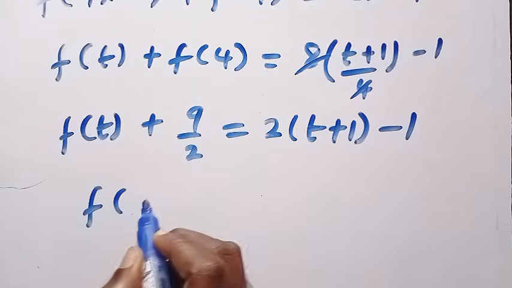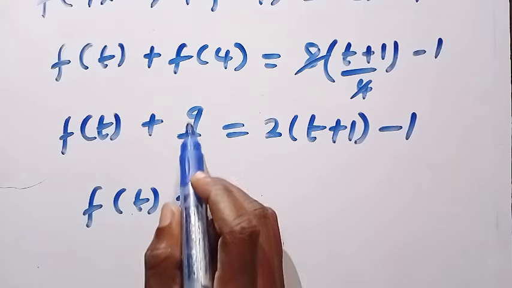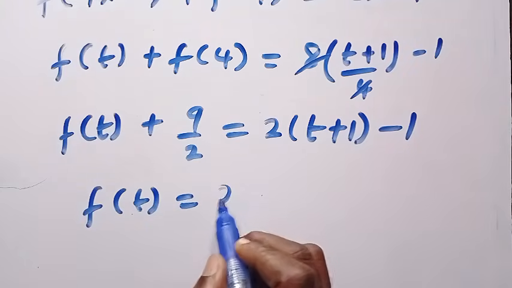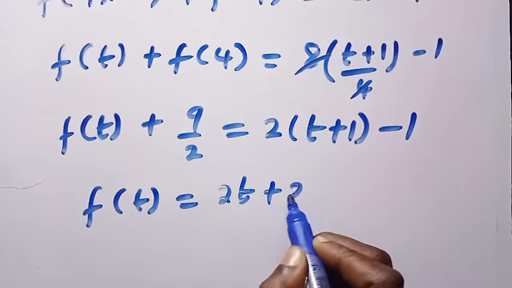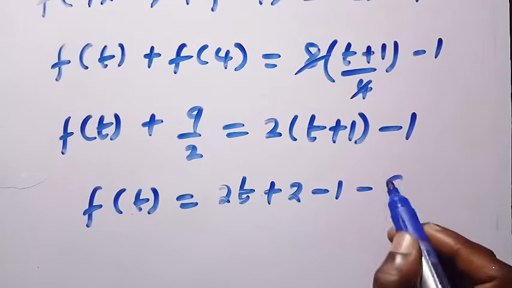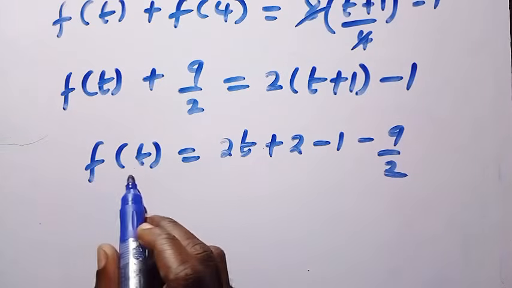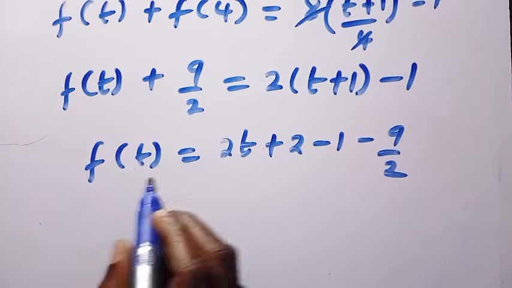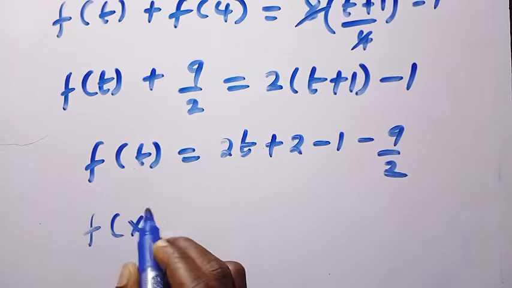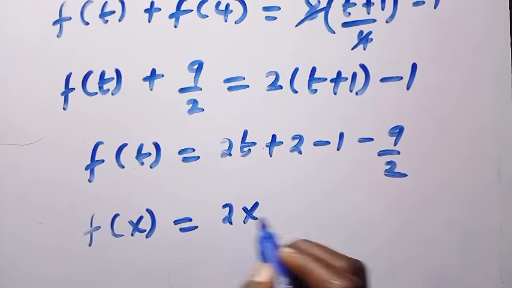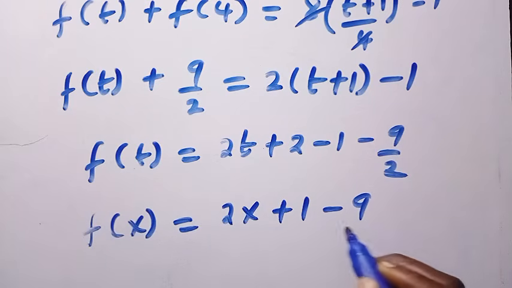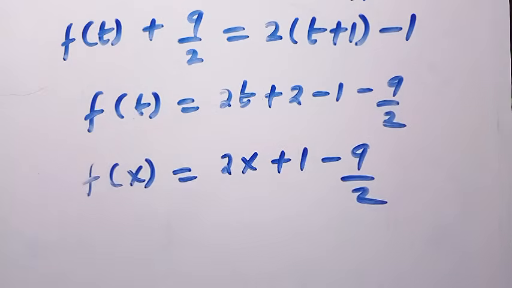Then we have f of t equals 2t plus 2 minus 1, then minus 9 divided by 2. If I change t back to x, we are going to have f of x equals 2x plus 1 minus 9 over 2.